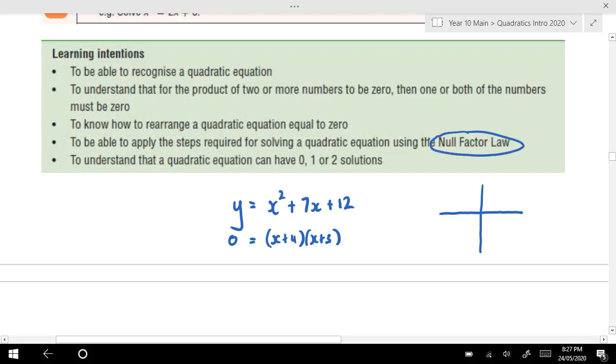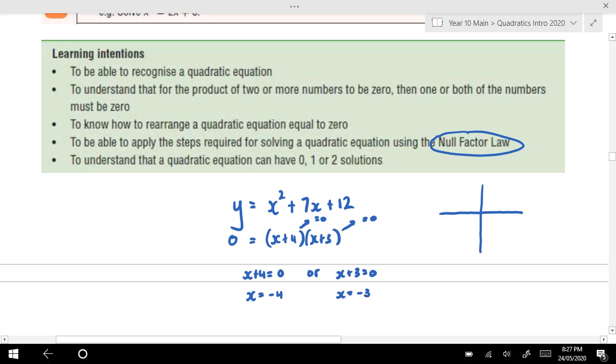If this is equal to 0, then there are two possibilities: x plus 4 is equal to 0, or x plus 3 is equal to 0. So this thing could be equal to 0, or this thing could be equal to 0, and there are two cases in which that's true. So x would, in this case, have to equal -4, and in this case, x would have to equal -3.